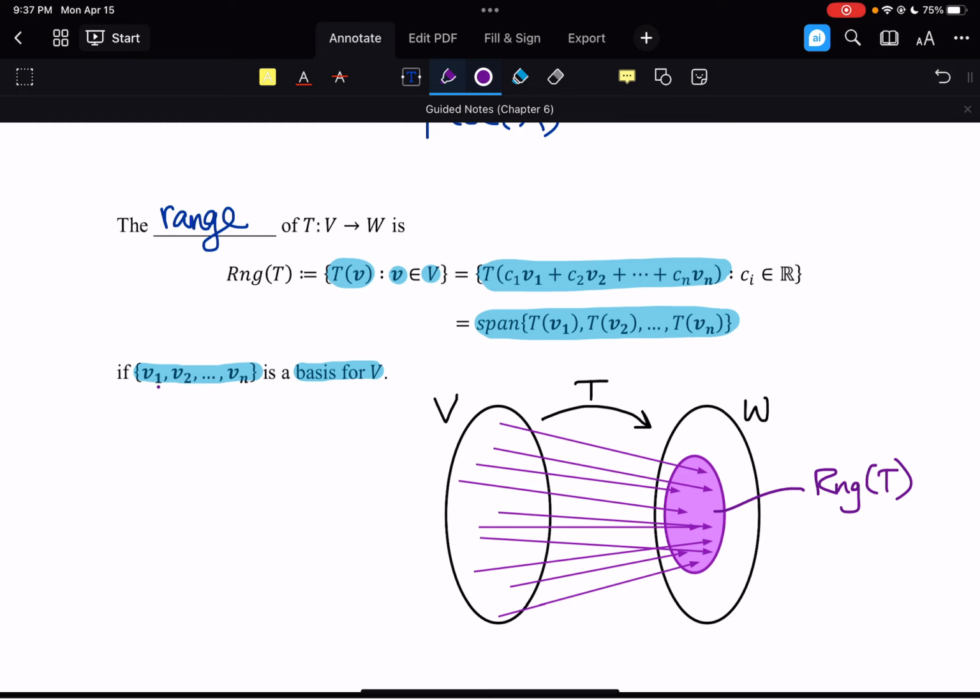So if we transform the vectors in the basis and then span those, that's the same effect as saying we're going to transform every vector in V. When we're finding the range, we're looking at output vectors from all of the transformed vectors coming in. And when we transform them all, we'll span that, and that's going to fill that entire range.